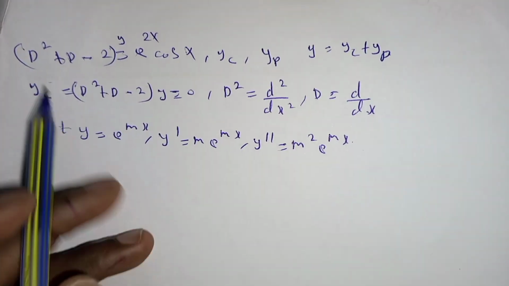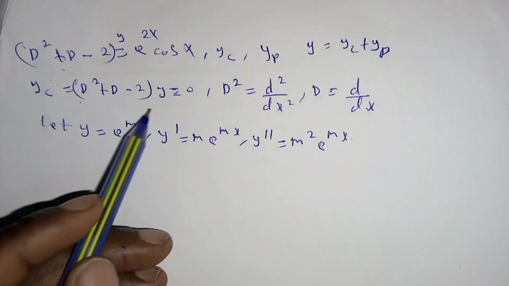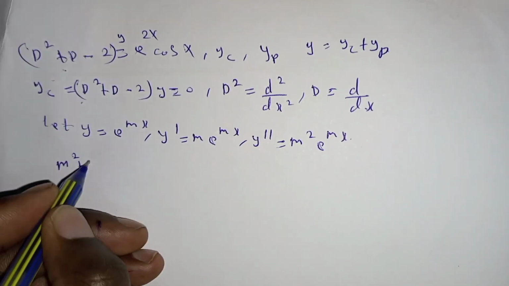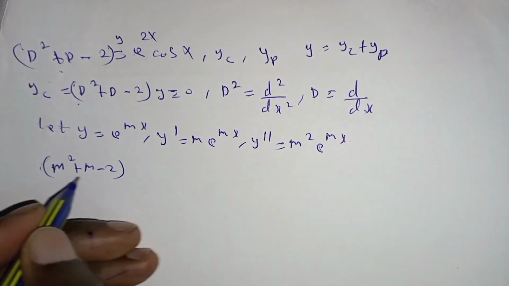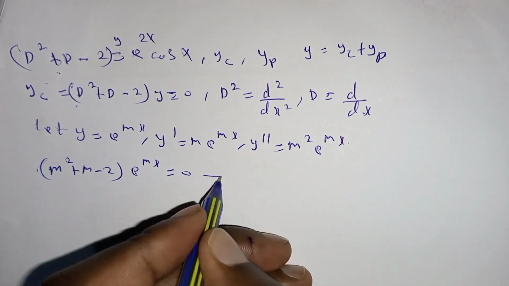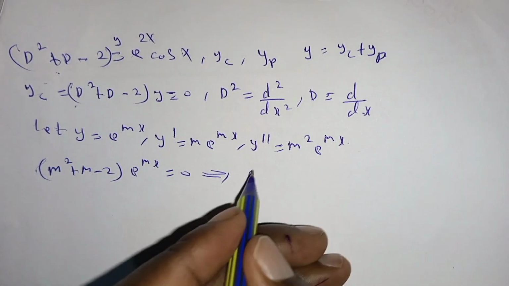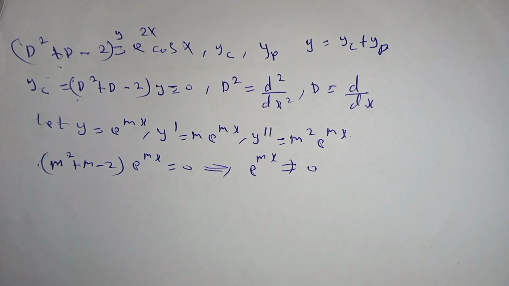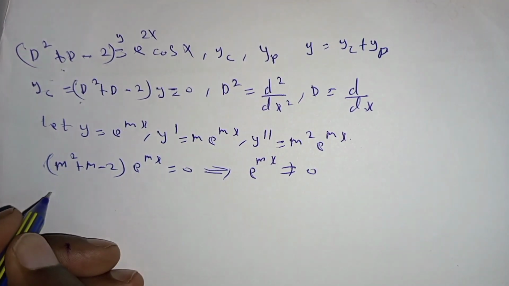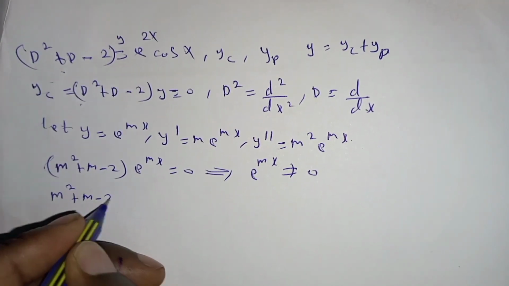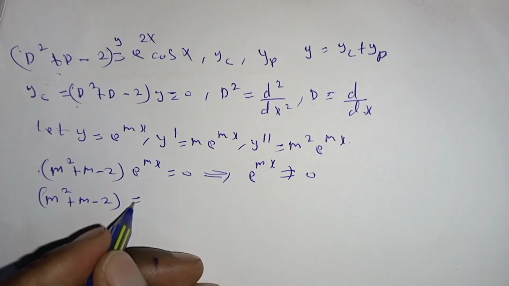Then we substitute our values of y in this ODE to obtain m squared plus m minus 2 exponential mx, which is equal to 0, and we note that exponential mx cannot be equal to 0, which means that m squared plus m minus 2 is the one which is equal to 0.